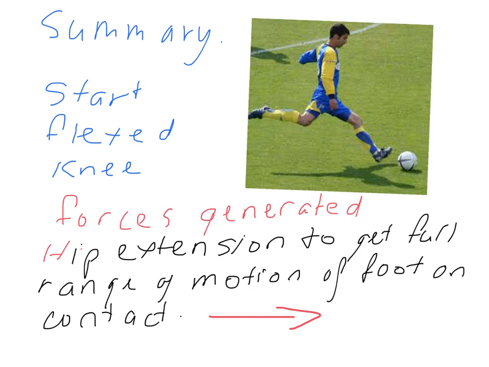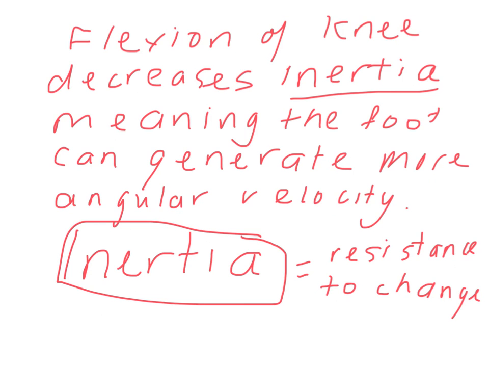That's generating the forces sequentially. And by drawing the leg back, that's hip extension, you get a full range of motion on the foot. Then we'll go on to the next slide, where we're talking about flexion of the knee, and that decreases the inertia, meaning that the foot can generate more angular momentum.